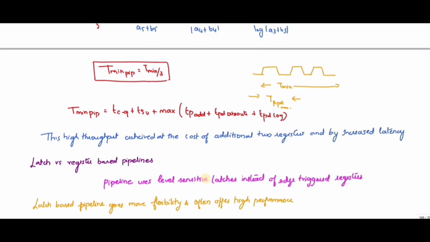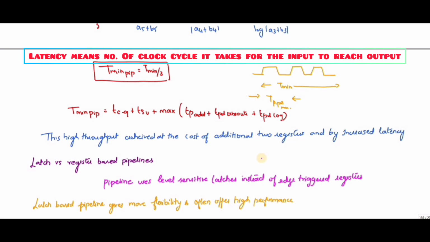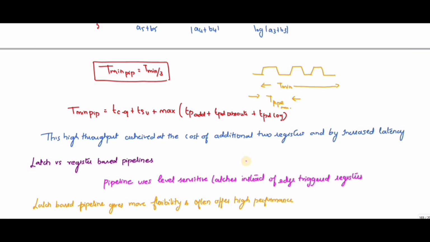Here we are obtaining this increased performance at a relatively small cost of 2 additional registers, and it will increase latency. Therefore, pipelining is a popular approach to implement very high performance data paths.